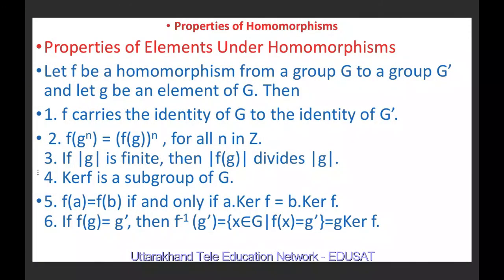Now the last property: if Fg is equal to G dash, then F inverse of G dash is equal to g kernel F. So we are given that Fg equals G dash and we need to prove that F inverse G dash is equal to g kernel F, where F inverse G dash is defined as the set of all elements x belonging to G for which Fx is equal to G dash.